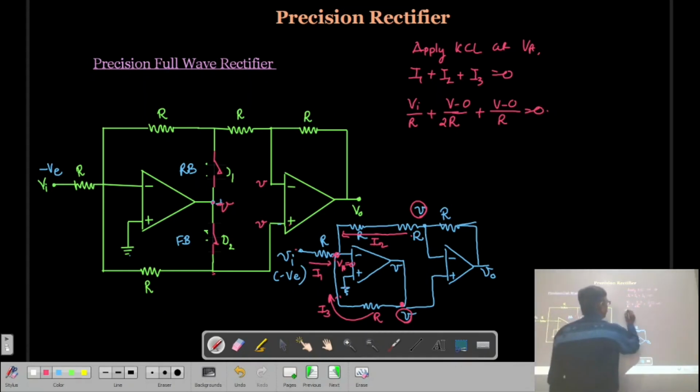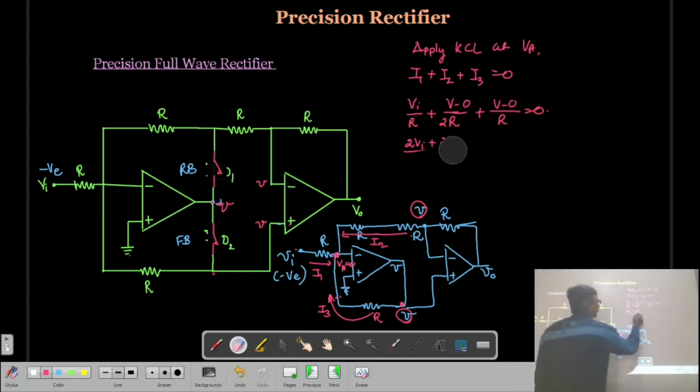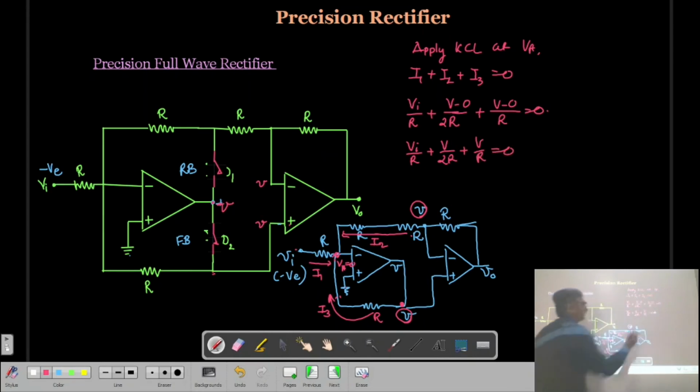We will write Vi by R plus V by 2R plus V by R, and that is equal to 0.